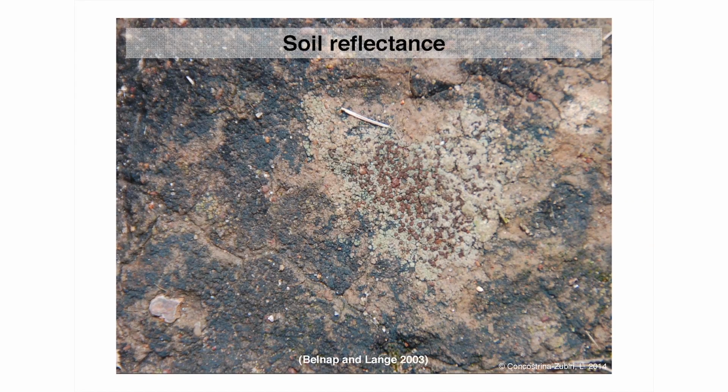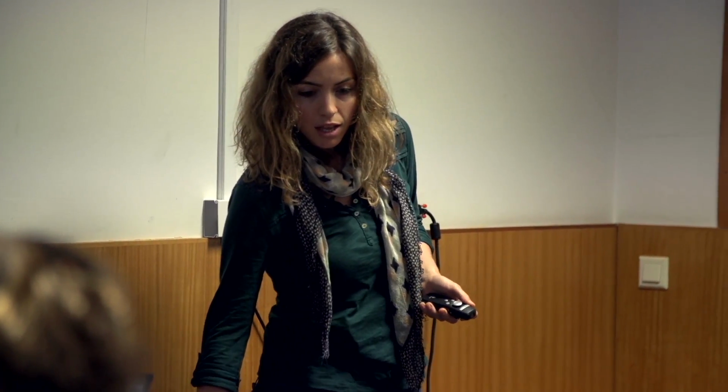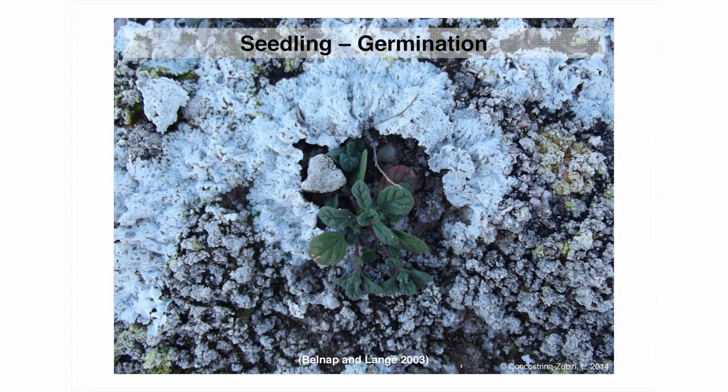They also may change the reflectance of soil, altering the heat balance of the ecosystem. Here you can see cyanobacteria on soil, this dark surface. Here you see another lichen with a clearer surface. And they also contribute to seedling establishment and germination of some of the vascular plants that are in these ecosystems.